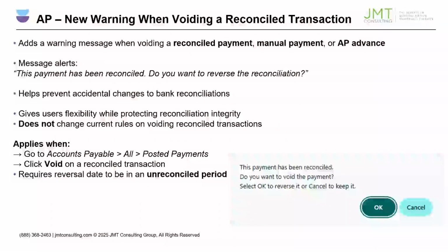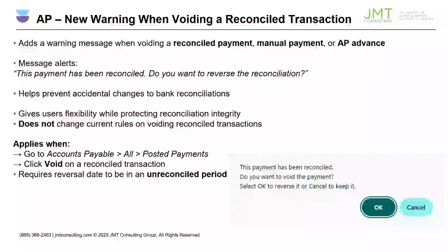Okay, so something new in accounts payable. There are quite a few of you who, when voiding a payment, don't realize that the payment has already been reconciled in a bank rec. And up to now, the system, well, it shouldn't have let you, but we've seen some cases where it could cause some issues.